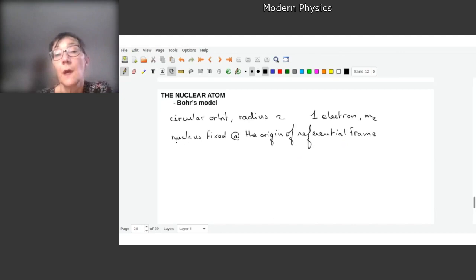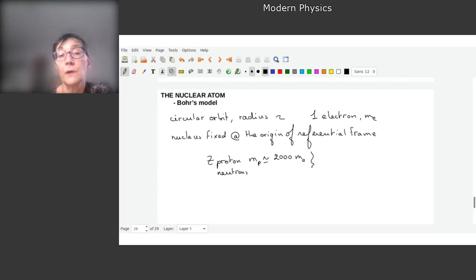It is because the nucleus, particularly when you have big atoms, has Z protons, each one with a mass which is almost 2,000 times the mass of the electron, and you also have neutrons inside the nucleus.